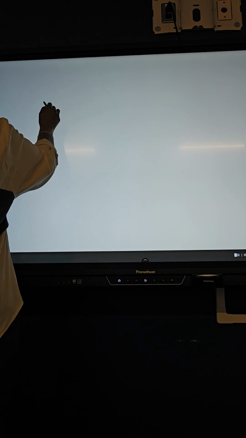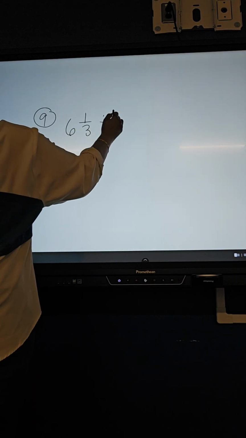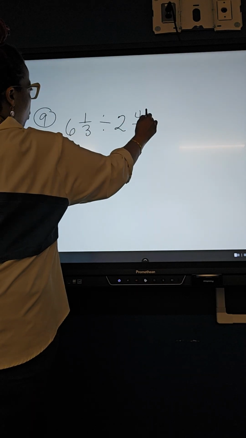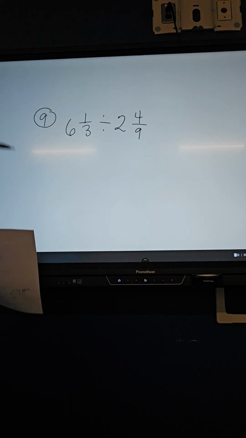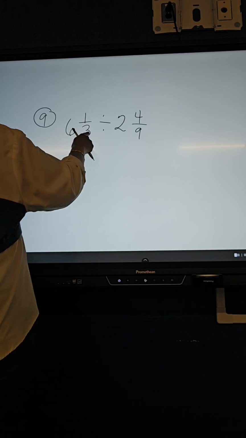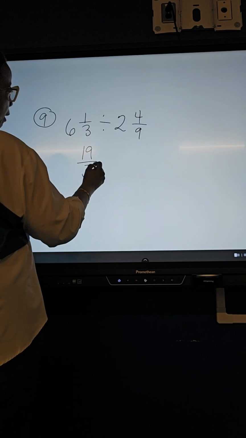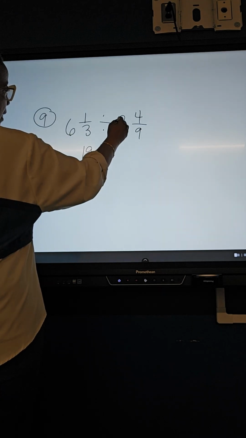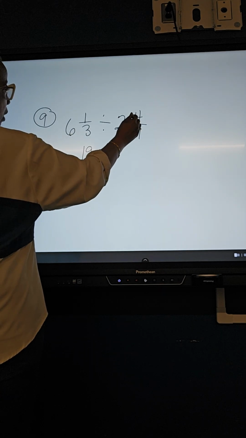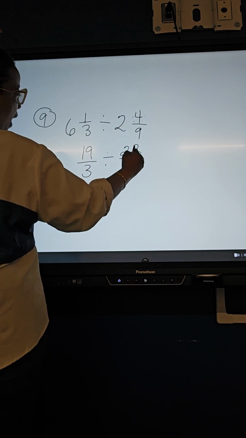Number 9 says 6 1/3 divided by 2 and 4/9. We know we cannot multiply nor divide fractions if we have mixed numbers. We've got to change it to an improper fraction. 3 times 6 is 18 plus 1 is 19 over 3, divided by 9 times 2 is 18 plus 4, 19, 20, 21, 22, 22 over 9.